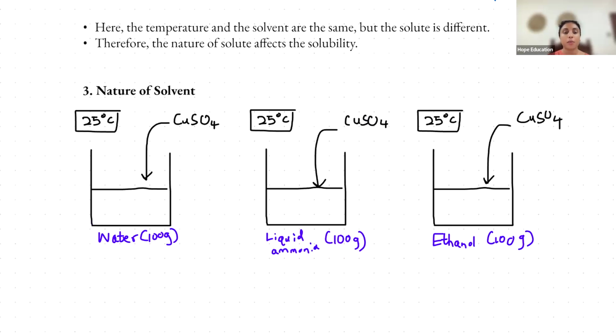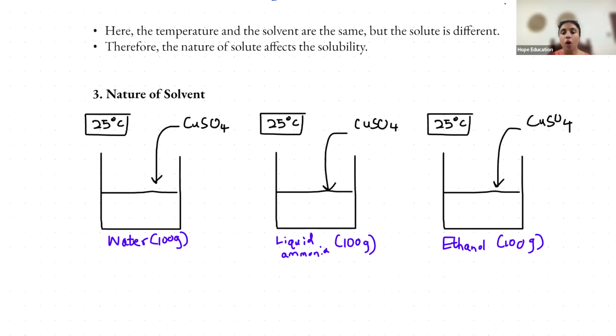Now see how the solubility changes. Copper sulfate solubility in water at 25 degrees Celsius is 32 grams. Copper sulfate solubility in liquid ammonia at 25 degrees Celsius is, for an example, 8 grams.